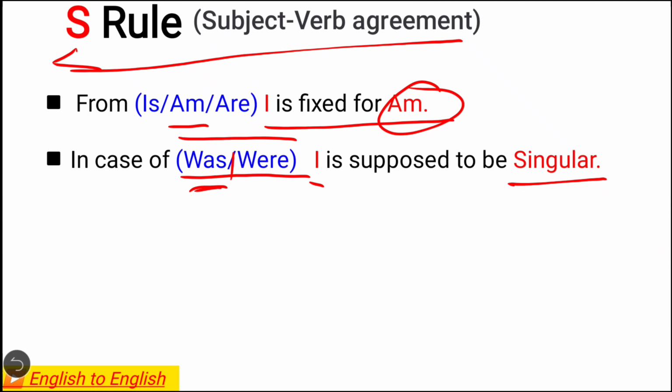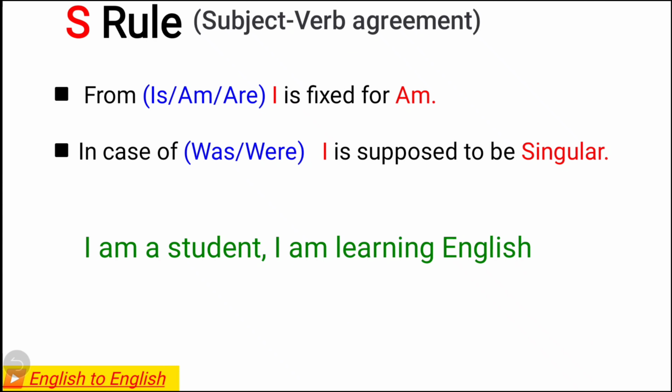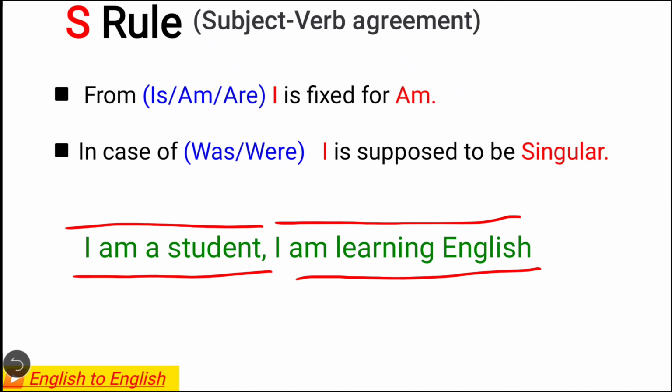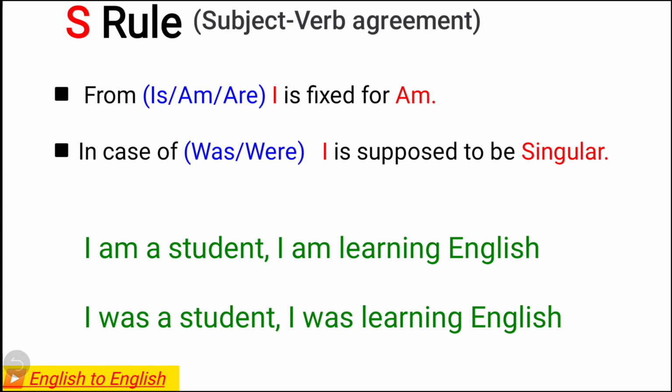Let's see some examples. Here, I am a student and I am learning English. So it is present simple and present continuous. I have used am with I in both of these sentences. Let's talk about past. I was a student and I was learning English.